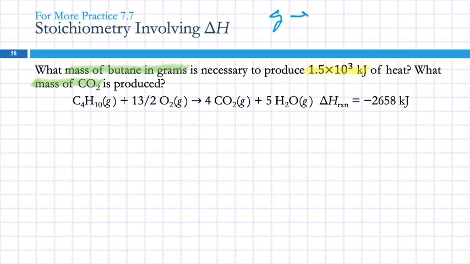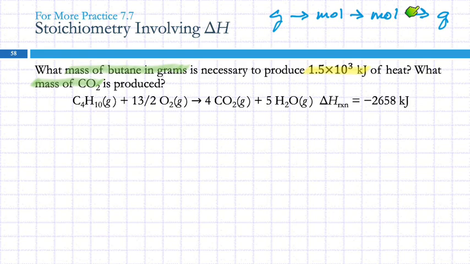So if I'm talking about grams to moles to grams, let's talk about the first question first. Am I going to end up with grams? Yeah, what mass of butane in grams? So I want to end up with grams.